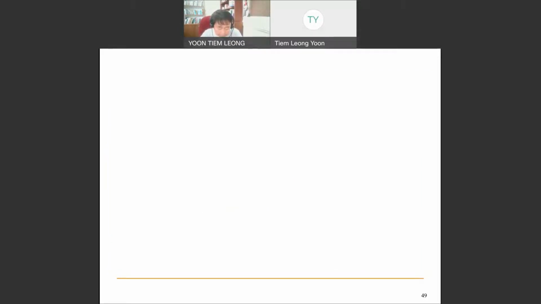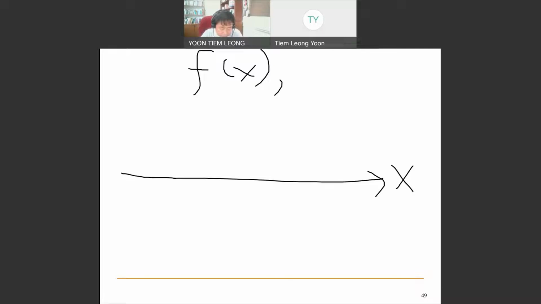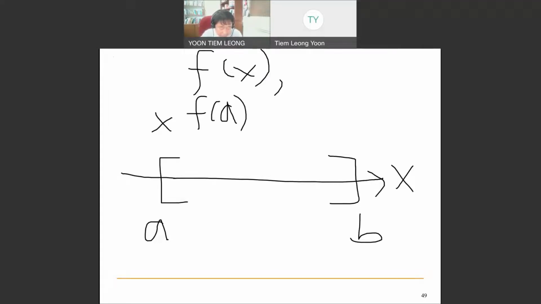It says if you have a function, say you have an x value here, and then you think of a function called f(x) that is continuous within some interval, say a to b. Since the function is continuous, you can always define the values of f(a) and f(b).